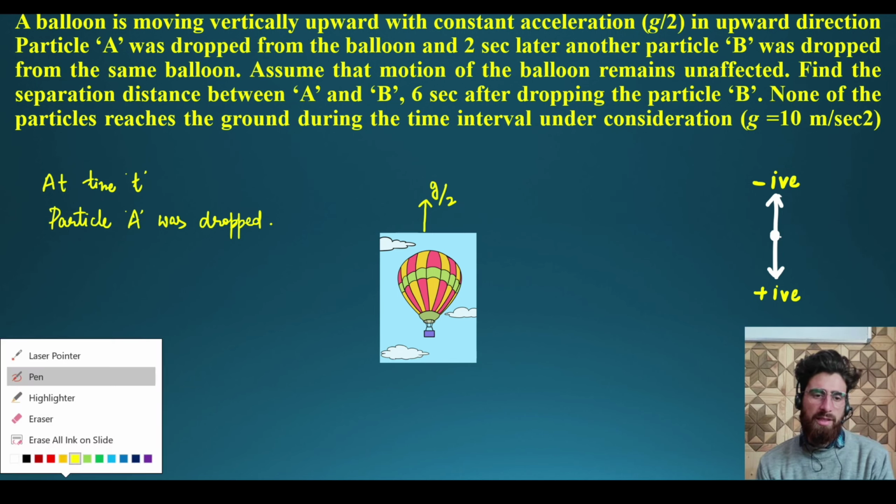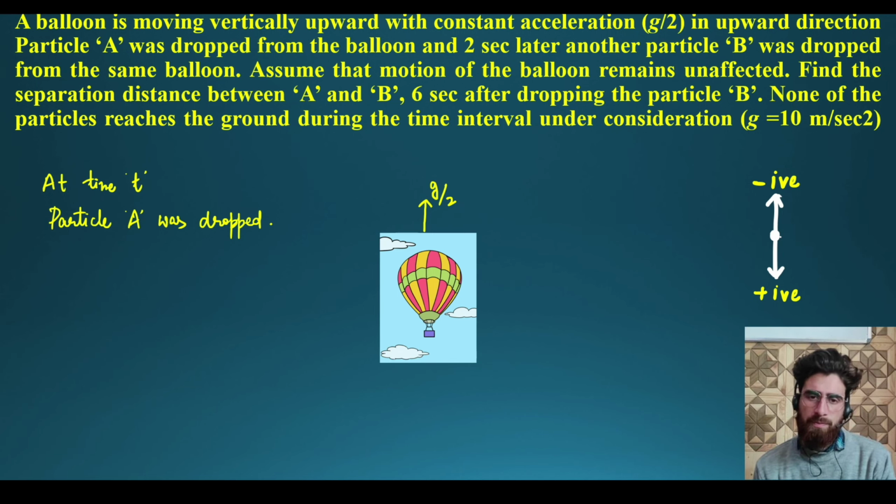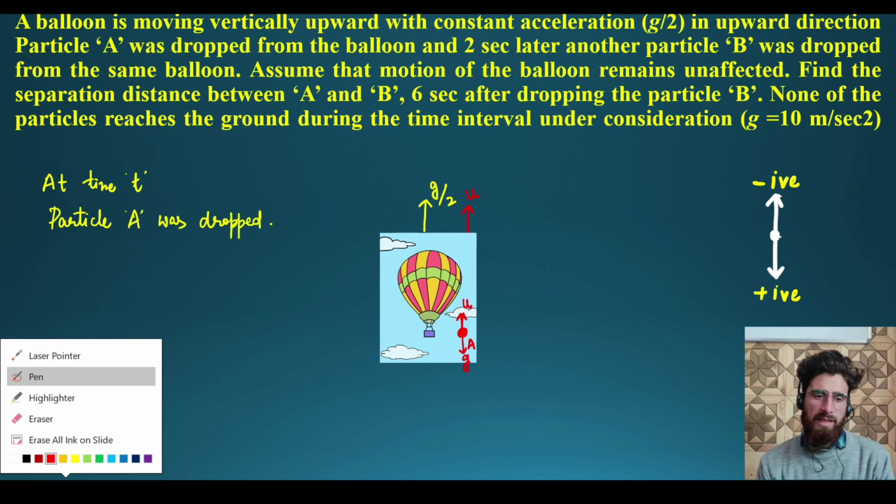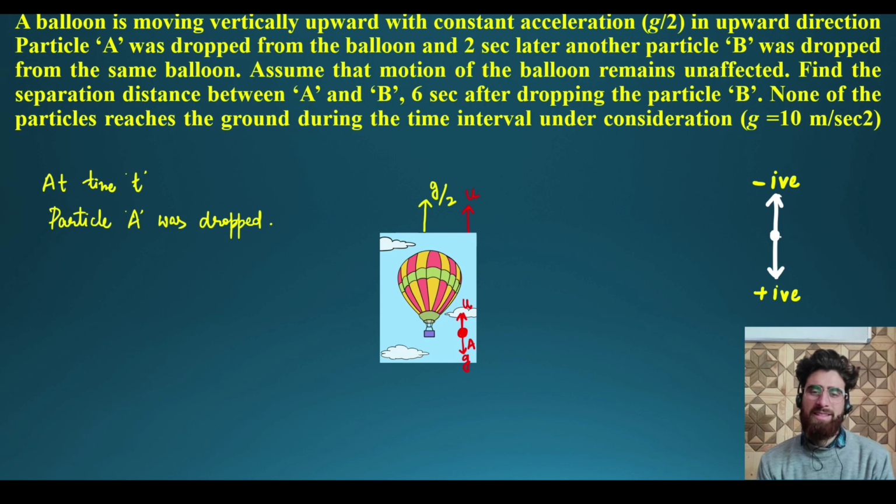So at time t, what's going to happen? There will be some upward velocity of the balloon. Let's keep that u. And when particle A was dropped from the balloon, it will have the same velocity as that of the balloon. That's going to be u, and it's going to fall under the acceleration due to gravity. Okay, this is the thing that's going to happen at time equals t.